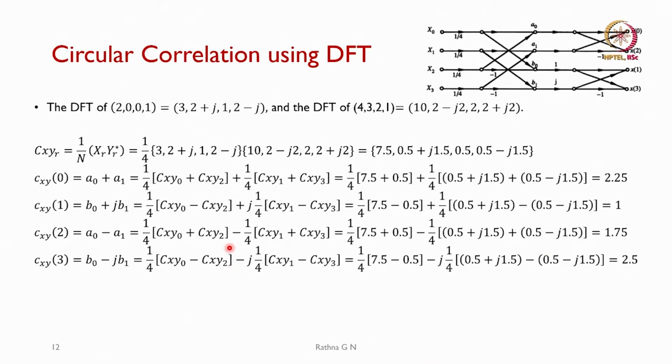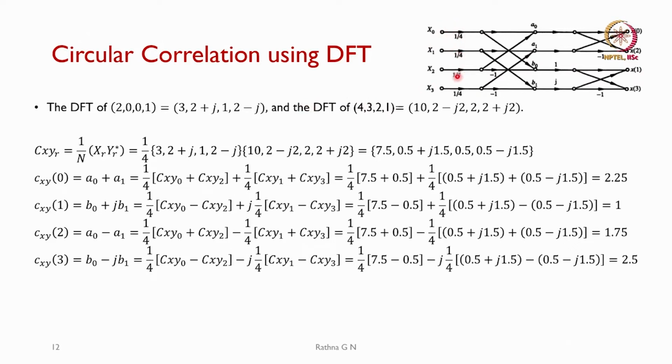Just like we did for the DFT, I will be using DIF FFT. This is the butterfly structure that we have. We have 1 by 4 here also, because the length of the sequence we have taken is 4.